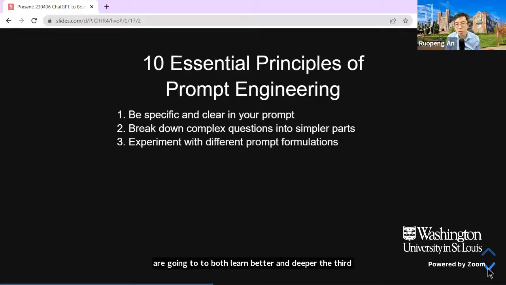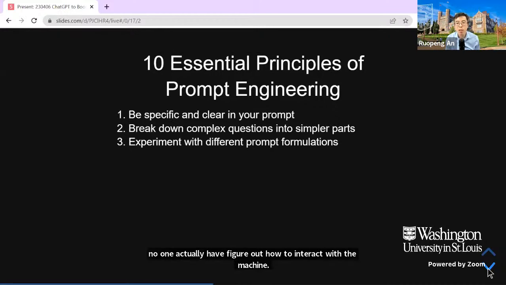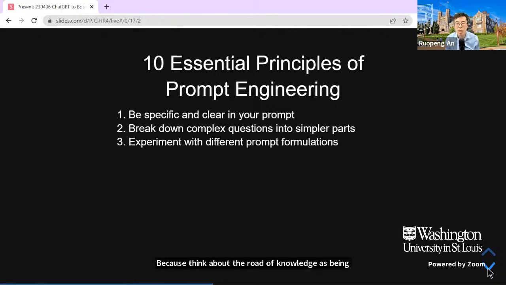The third principle is to experiment with different prompt formulations. As I said, there's no golden standard of any kind. So no one has actually figured out how to interact with the machine, because think about the world of knowledge has been stored very compressively in those possibly a trillion parameters, right? Each parameter is just a numerical value, a floating number, right?